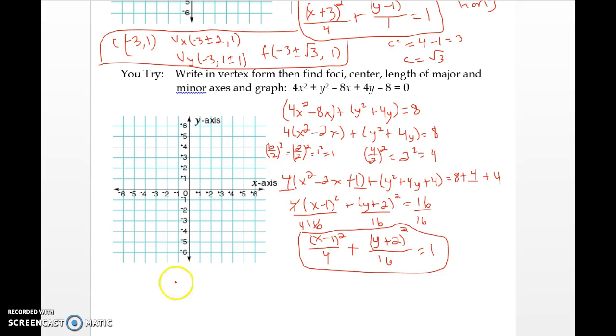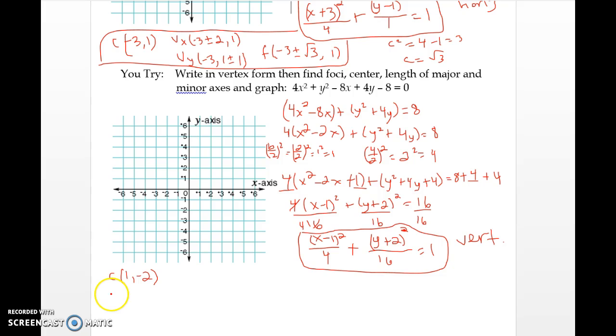Then we want to find our center. First I should say, because your bigger number a is under your y, this is going to be vertical. So your center is 1, negative 2.